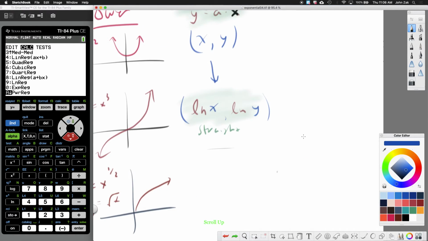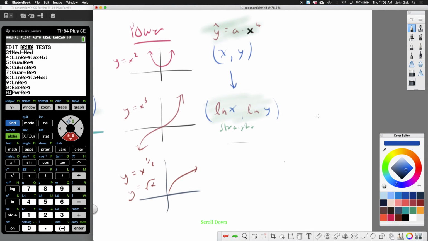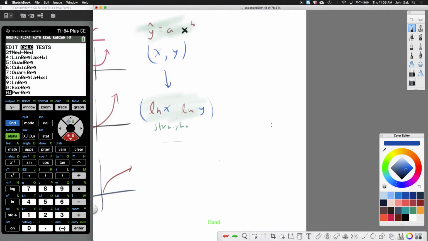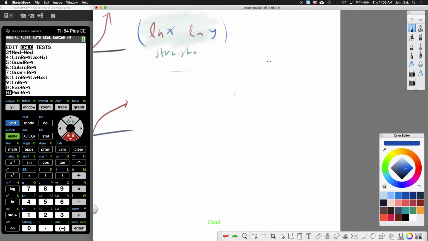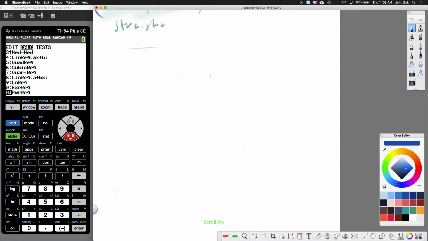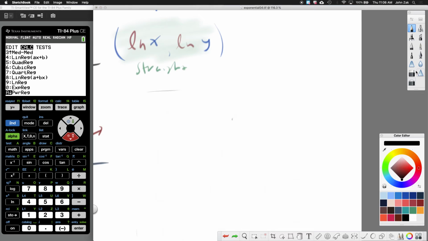And this one's actually a super easy, simple algebraic demonstration. So let me zoom in just a little bit. Let's say, again, I'm going to start with this assumption. Let's say we had two variables that had the relationship y hat equals a times x raised to the b power, and let me make that red.